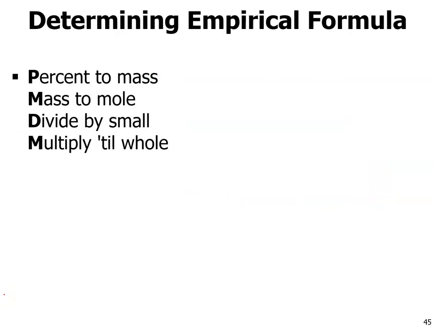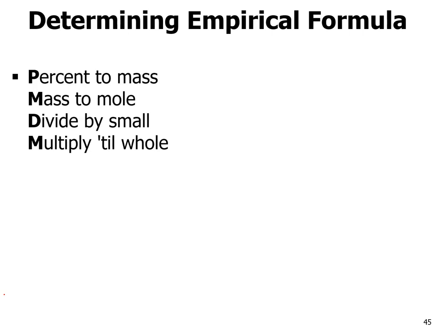Now that we have this idea of percent composition and empirical formulas, we want to start to be able to determine the empirical formula. And then we're going to continue to build on this idea to solve even more problems. This is something that's probably worth memorizing. It is going to help us determine the empirical formula.